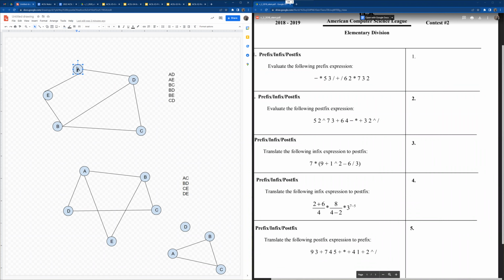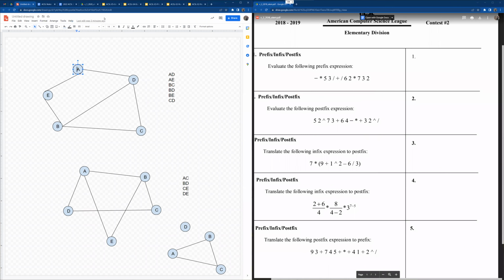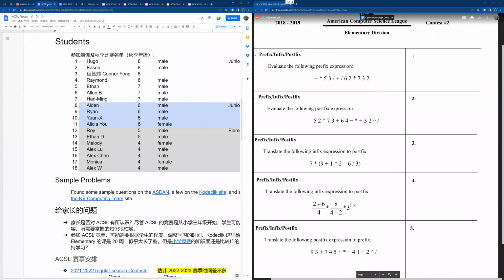So you go here and say A, D, B, E, A. A, D, C, B, E, A, and things like that. And so you can remember where you have been, and you don't repeat stuff.